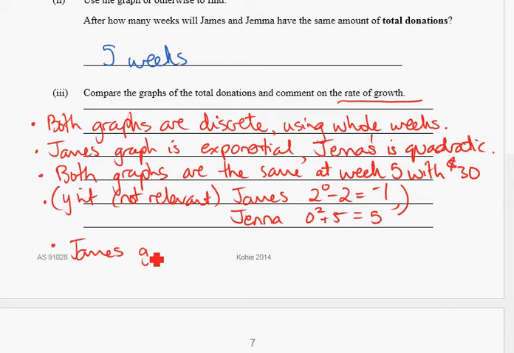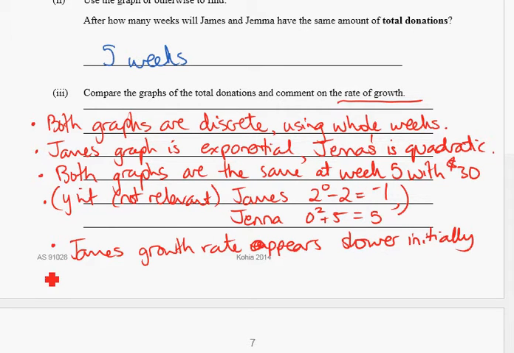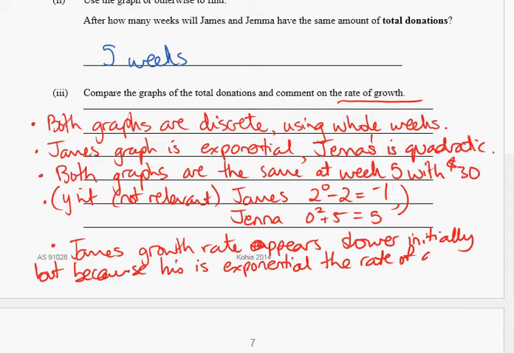James's growth rate appears slower initially, but because his is exponential, rate of growth increases much quicker.